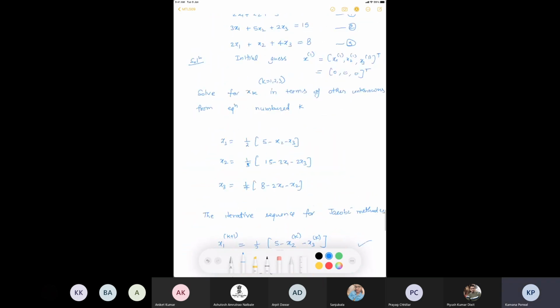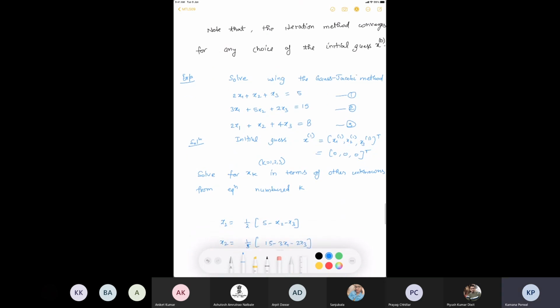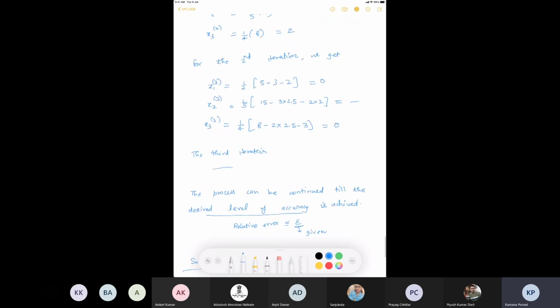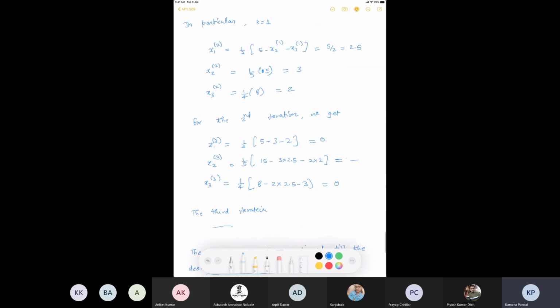So I think we can solve the same system. So we have this system. So now let's solve it using the Gauss-Seidel method. So again, I have solved for the diagonal elements. So these x1, x2, x3, I already have.